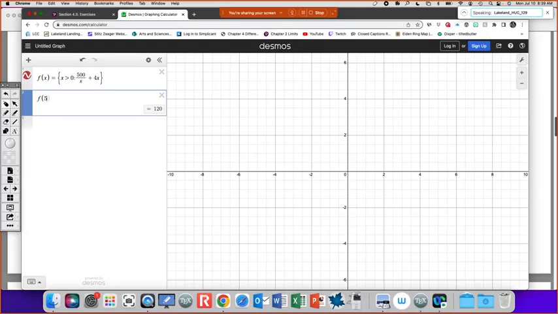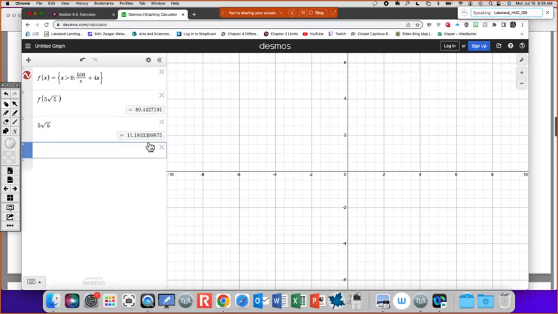We're looking at f of 5 square root 5. So 89, that's supposed to be the minimum. So here, if we want to go over here, let's get a 5 root 5 approximation as well.